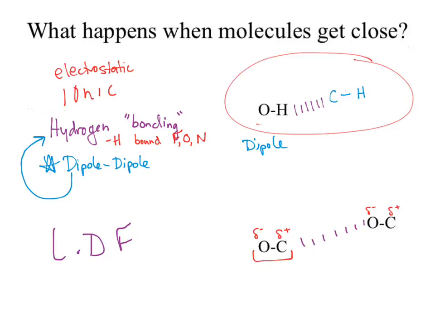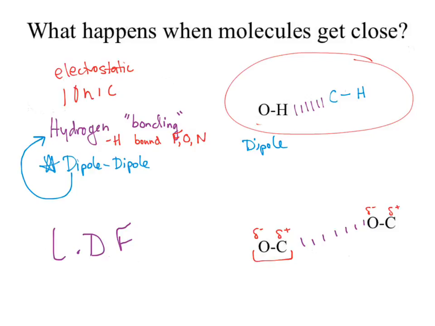But hydrogen bonding is what type of force? A dipole-dipole. Is the OH bond a dipole? Yes. Is the CH bond a dipole? No. Do I have a dipole-dipole force? No. If I do not have a dipole-dipole force, I cannot have hydrogen bonding.